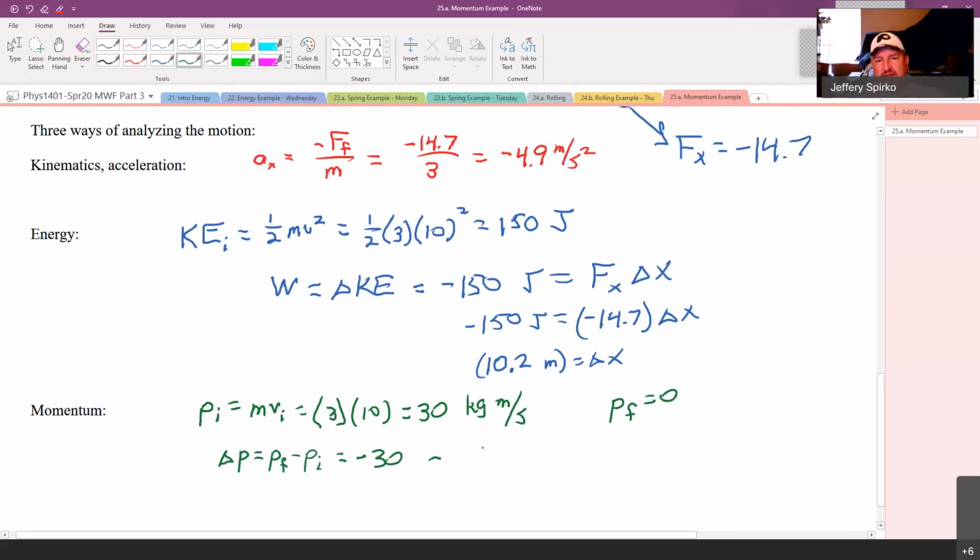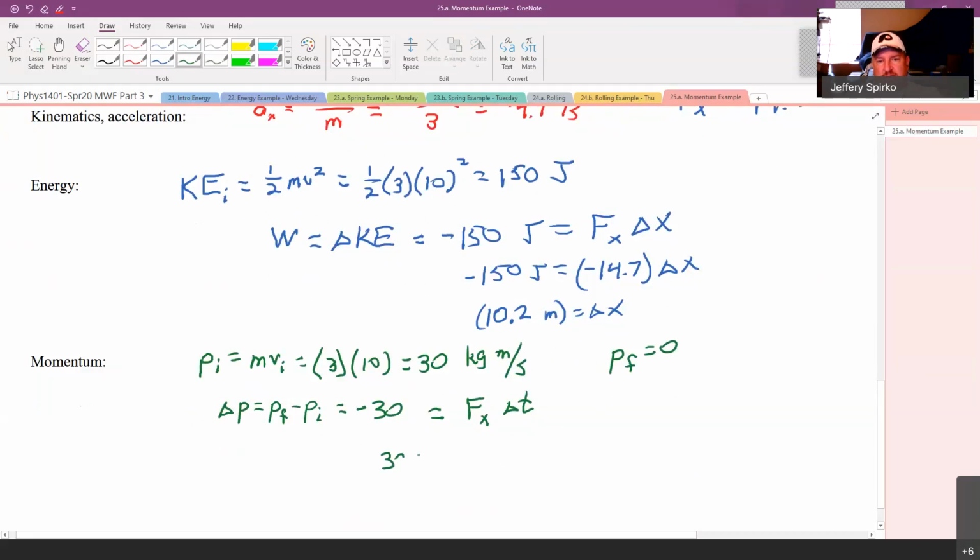And that is my force times delta T. So minus 30 is equal to my force, which is minus 14.7 times delta T. So then I can take 30 over 14.7 and get 2.04 seconds. Is equal to delta T.